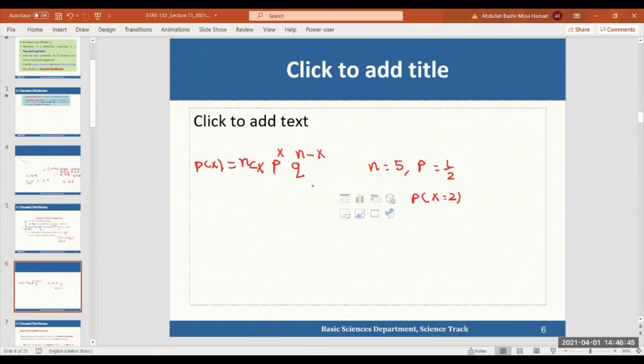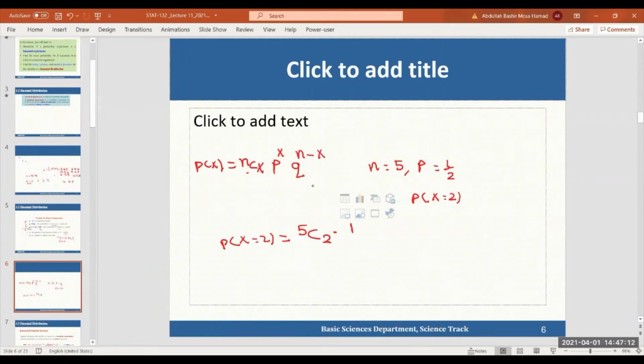I just use this: P of x equals, n equals 5, combination 5C2. On the calculator this is 10, that is 5 by 4 over 2. Multiply by the probability of success.